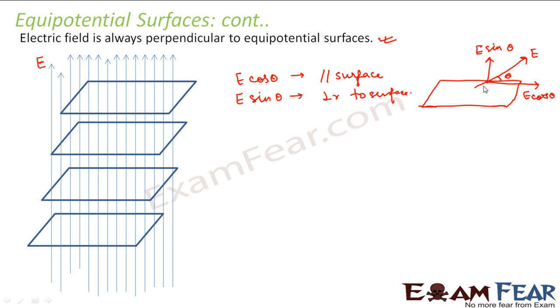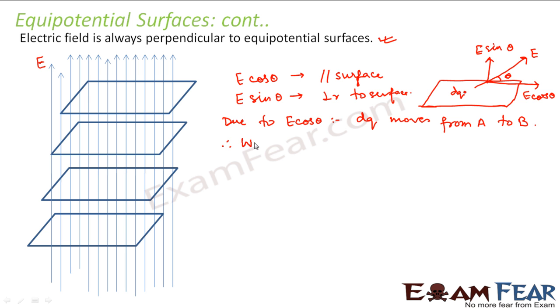Now, due to this E cos theta, any charge which is there on this surface can move from one point to another. Let us suppose we have some charge dq. Now this E cos theta is acting along horizontal direction. So let us suppose due to E cos theta, dq moves from some point A to some point B on the equipotential surface.